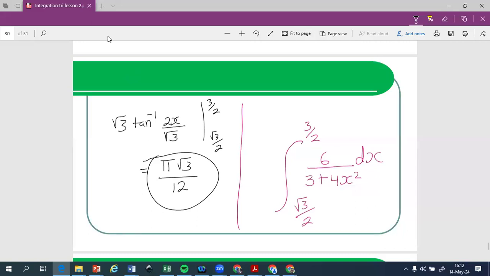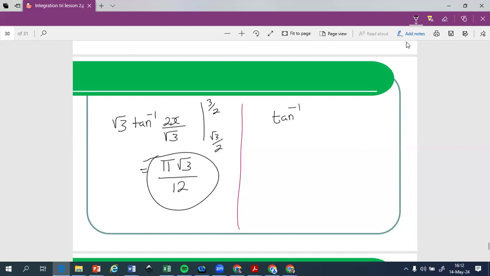No, teacher, how do we put our answer into pi? To pi. Okay, now I'm going to come back here. Mainly when it comes to tan inverse, allow me to only deal with tan inverse. So you have tan inverse of 2x over root of 3.